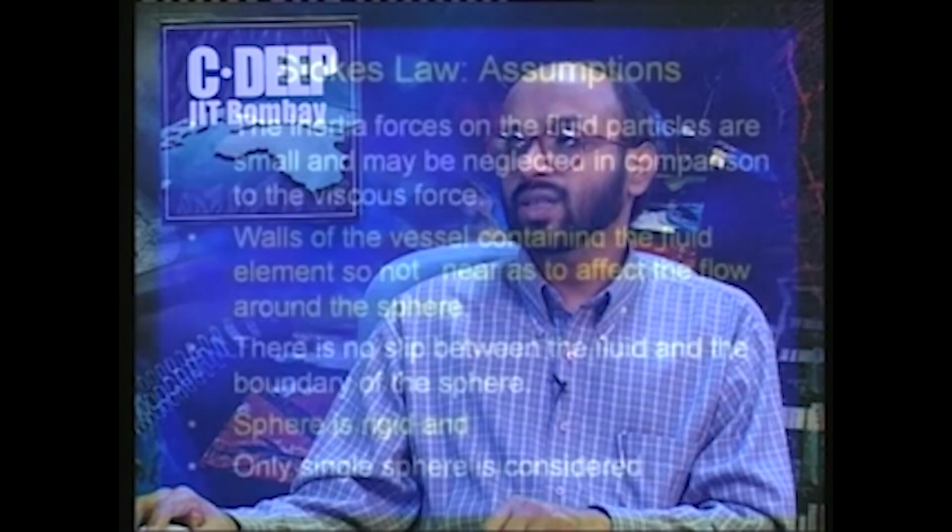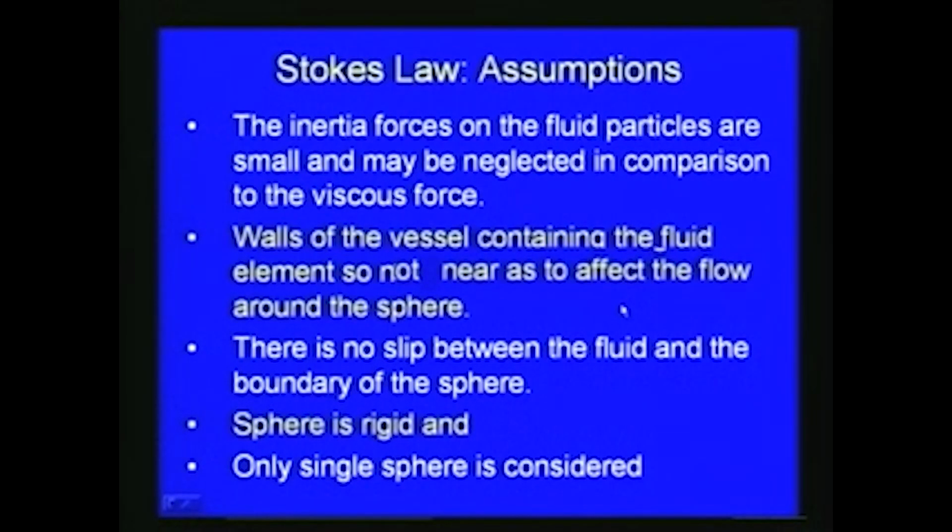Here the assumptions used are: the inertia forces on the fluid particles are small and may be neglected in comparison to the viscous force. The second assumption is that the walls of the vessel containing the fluid are not present, so the effect of the walls is not there when he derived the equations.